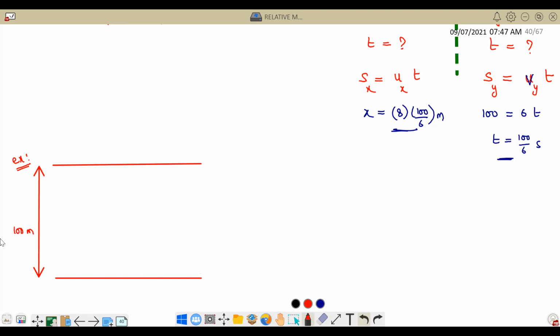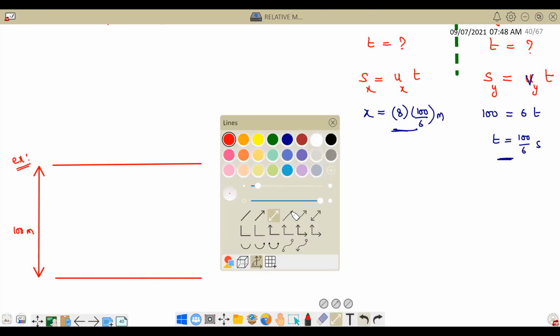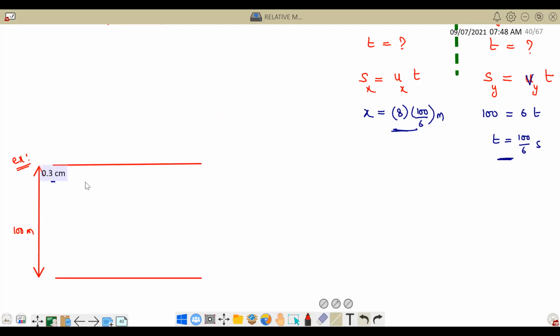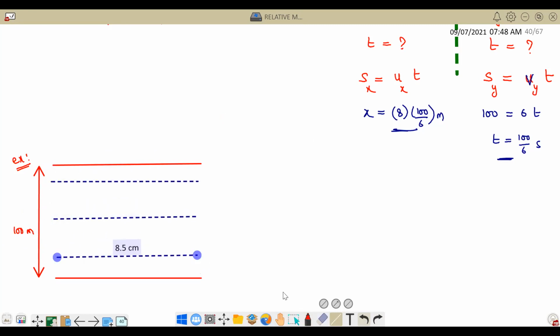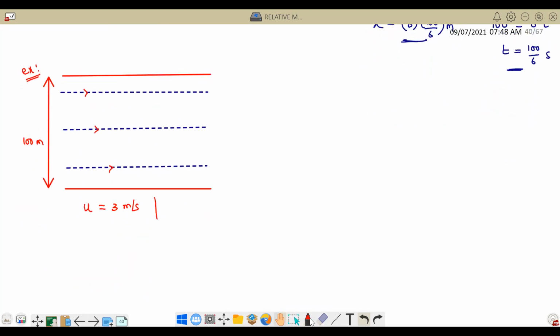Now the river is flowing. The velocity of the river is given as u, u is 3 meters per second. And a man is, just 1 minute, I'll write it here.